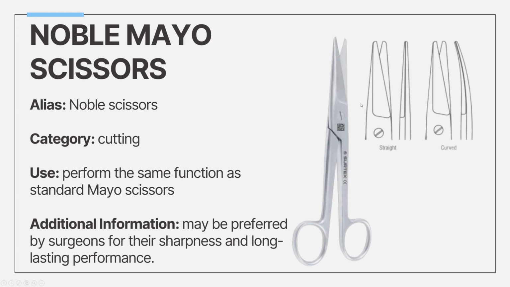This part here, compared to a regular straight Mayo scissors. They are called Noble scissors for short, and they have the same function as standard Mayo scissors. It's just that some surgeons prefer these for their sharpness, and they are also longer lasting in integrity.